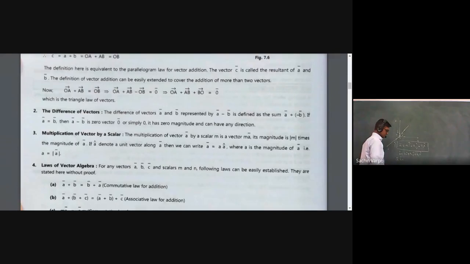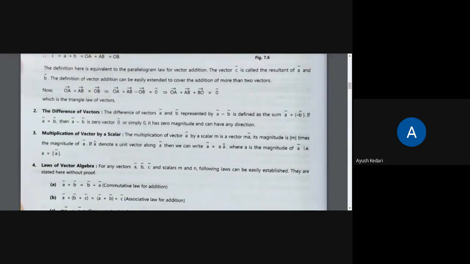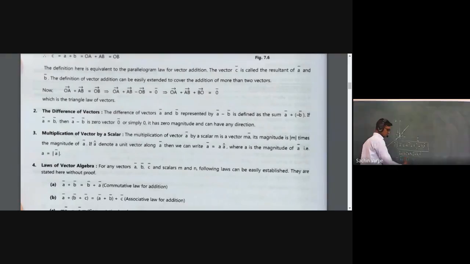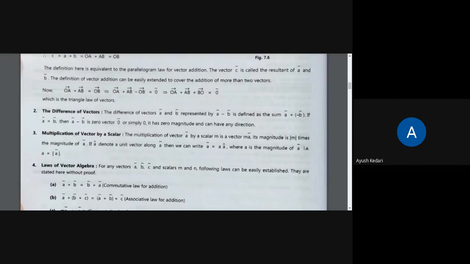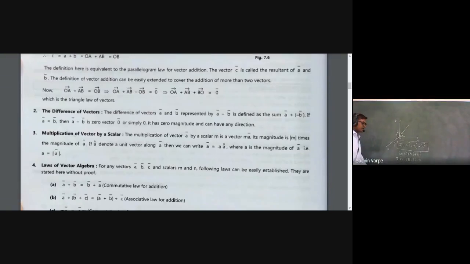a bar dot b bar is modulus of a bar times modulus of b bar times cos theta, where theta is the angle between the two vectors. Suppose I have this vector a bar and this is vector b bar, and theta is the angle between these two vectors.